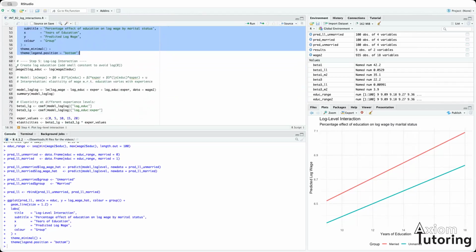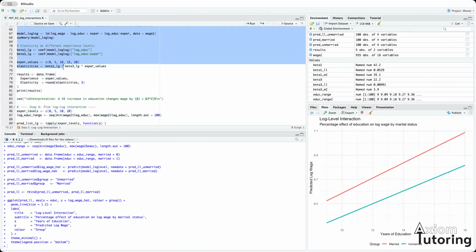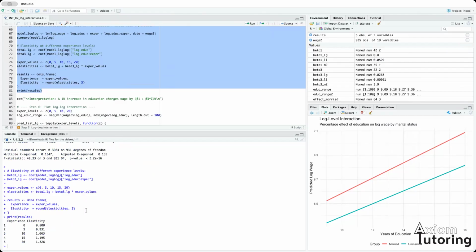The code being the same, I will go ahead and run it, and keep in mind, again, we're going to use values of experience 0, 5, 10, 15, and 20 in order to see the actual results of how experience is affecting basically the elasticity. So experience 0, we've got here 0.8, and then for 5 is 0.93, for 10 is 1.063.